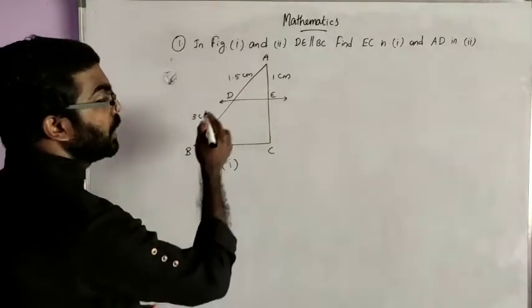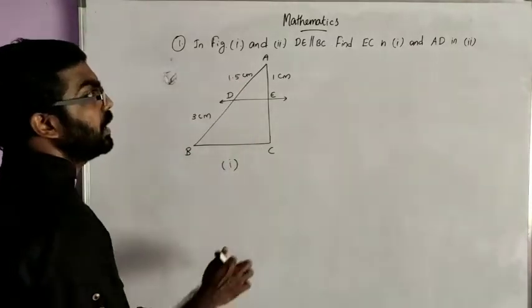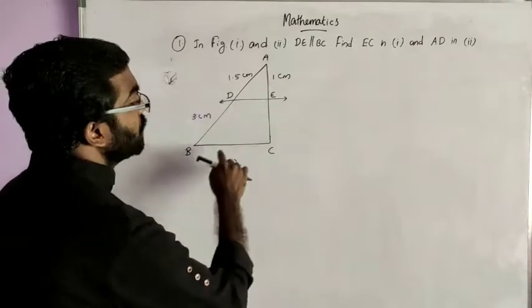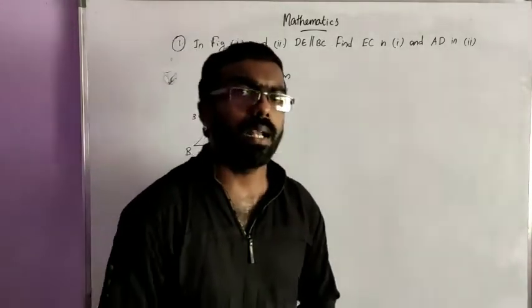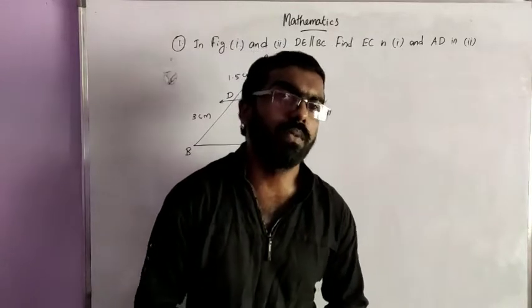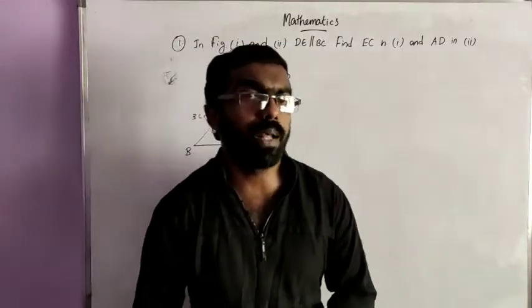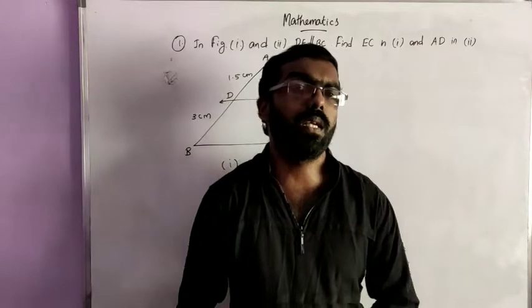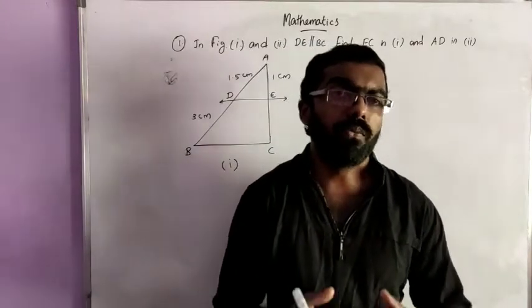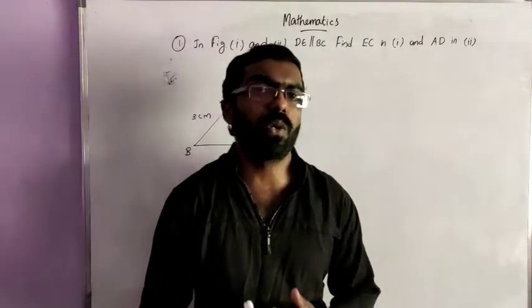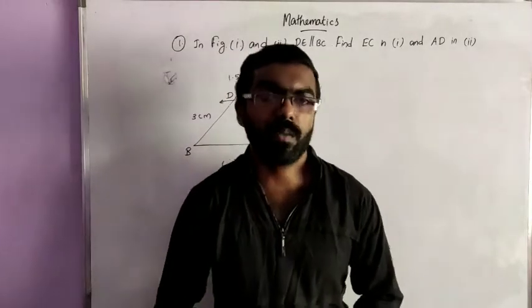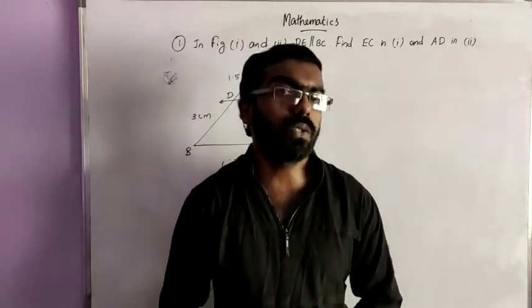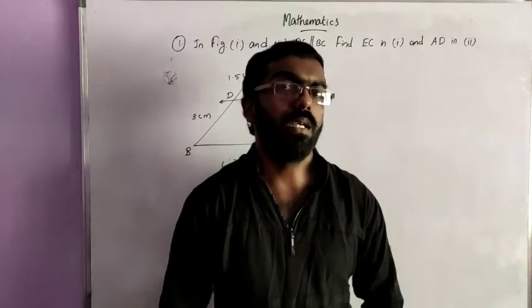Here a triangle ABC is given and the line DE is parallel to BC. If a line is parallel to any one side of the triangle, then we can apply the basic proportionality theorem. If a line is drawn parallel to one side of a triangle to intersect the other two sides in distinct points, then the other two sides are divided in the same ratio.